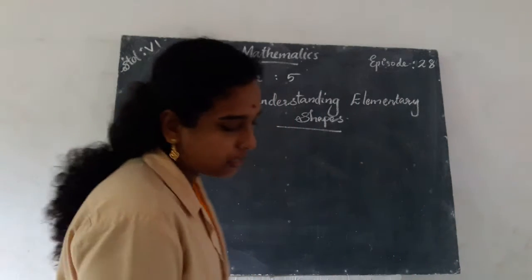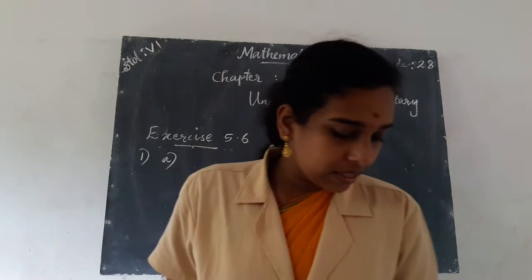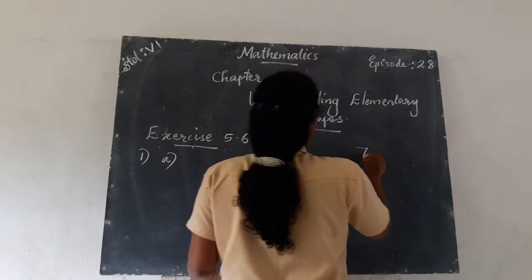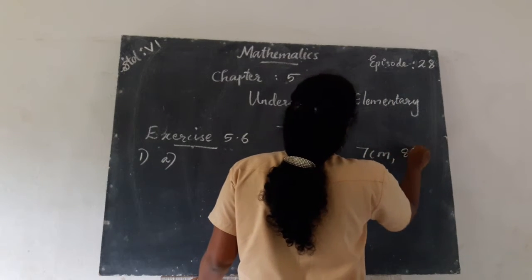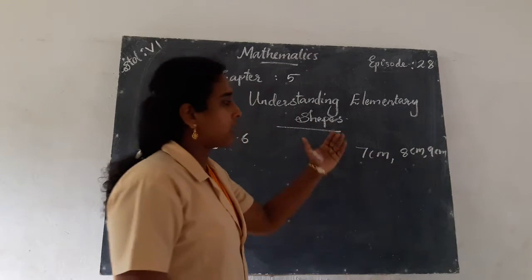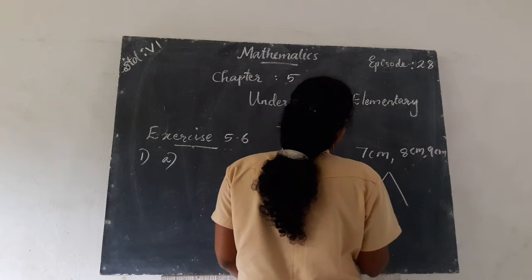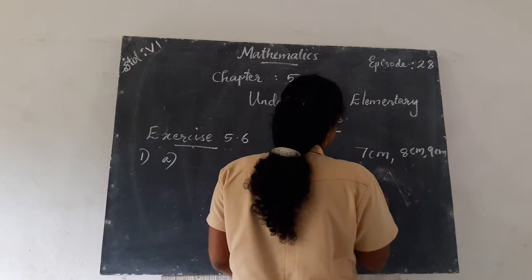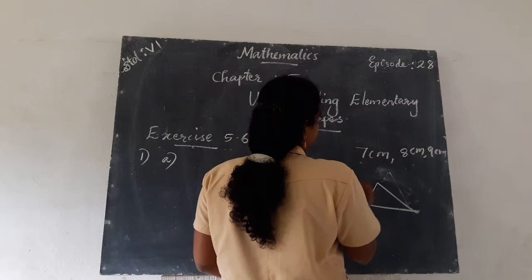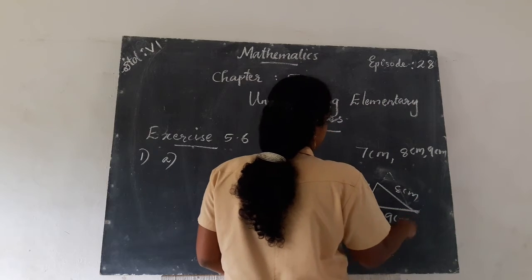The first question: a triangle with sides of length 7 cm, 8 cm, and 9 cm. If we draw a triangle like this, the first side measures 7 cm, the second 8 cm, and the third side 9 cm.